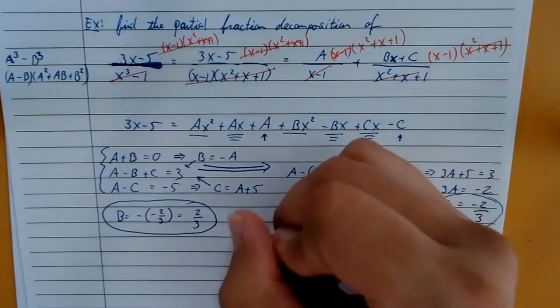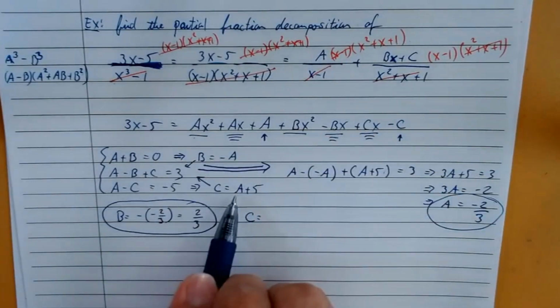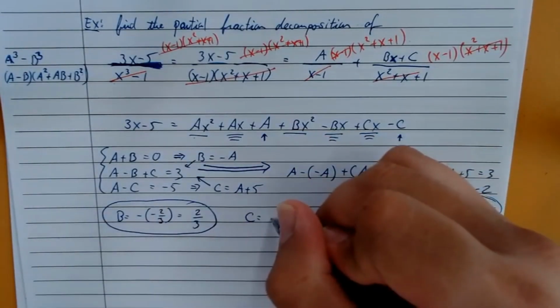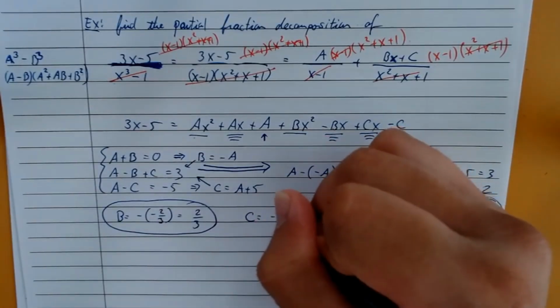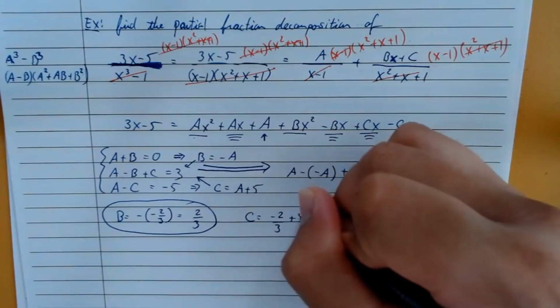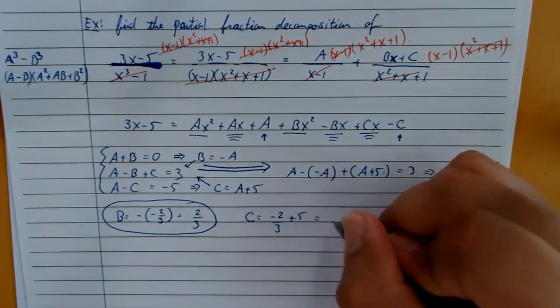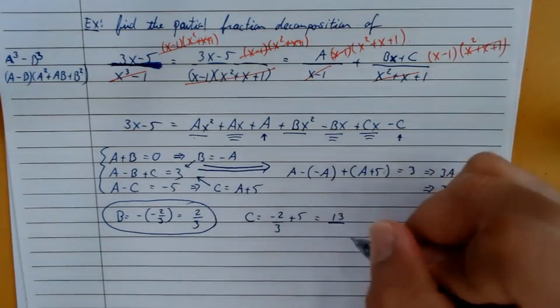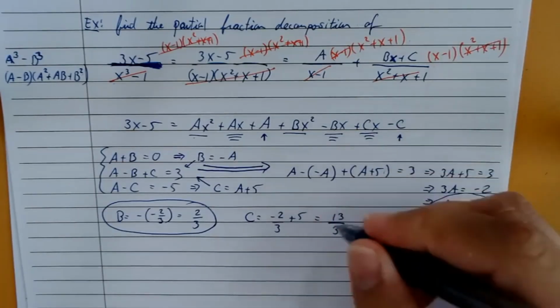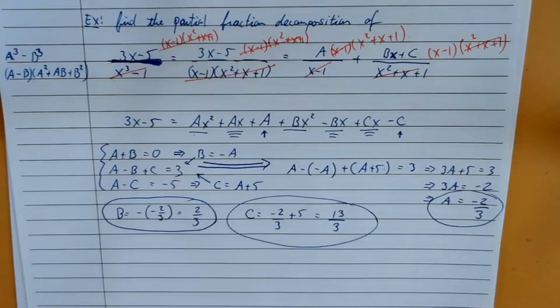That's your b. And we know that c has to be whatever a is plus 5. Well, a is negative 2/3. And if you add 5 to that, it's going to give you 13/3. And so now we have our decomposition.